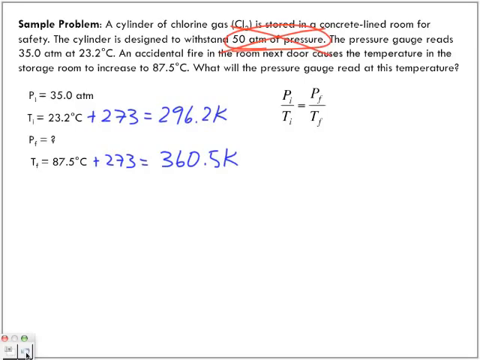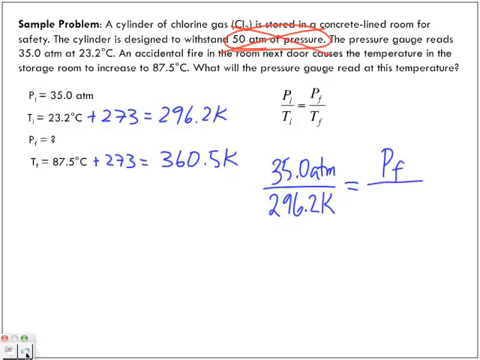So our initial pressure, 35.0 atmospheres, over our initial temperature, which is 296.2 Kelvin, equals our final pressure divided by 360.5 Kelvin.